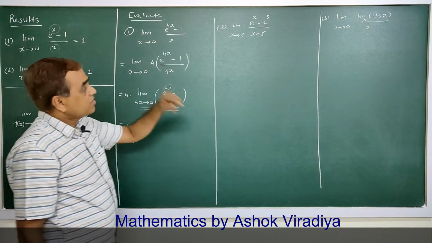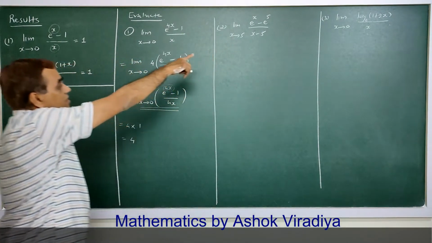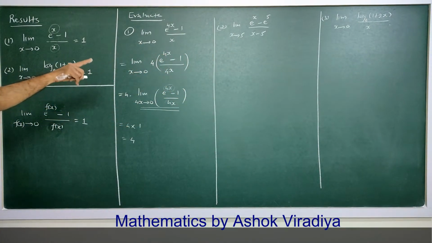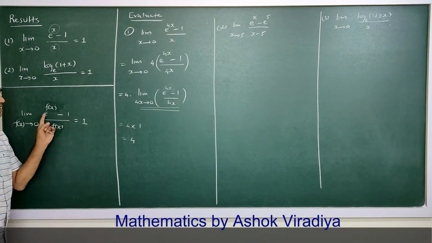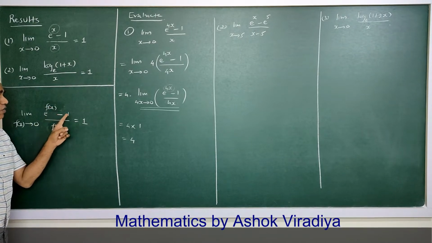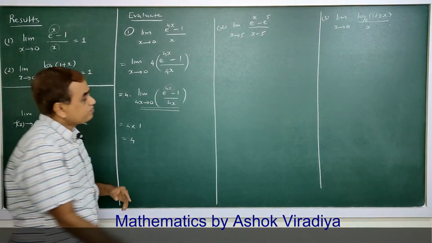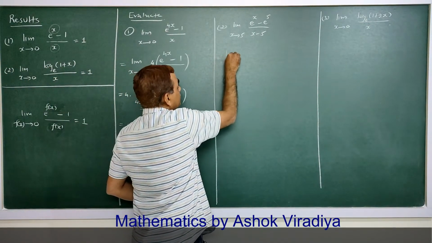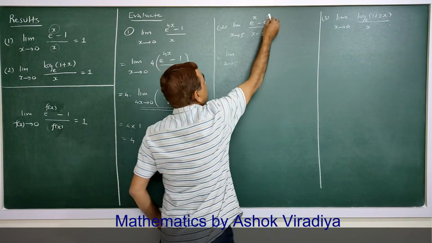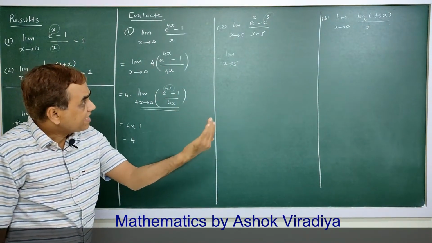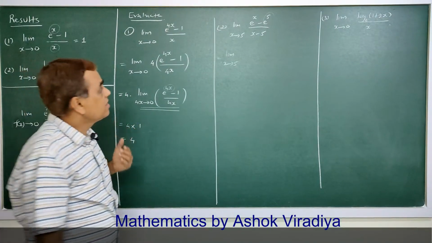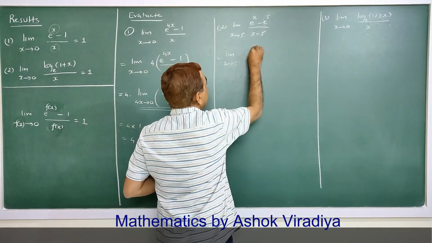Now say e raised to x minus e raised to 5 upon x minus 5 is given. To apply this rule with e raised to fx, there should be minus 1. 1 is required. So what do we do? To set 1 here, we take e raised to 5 common from the numerator.